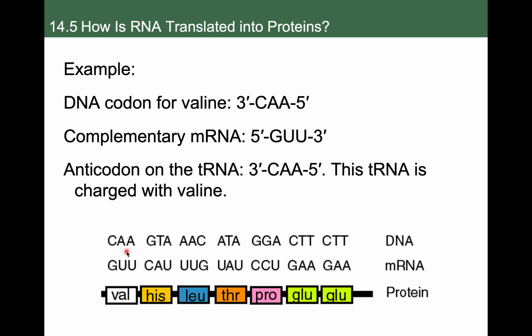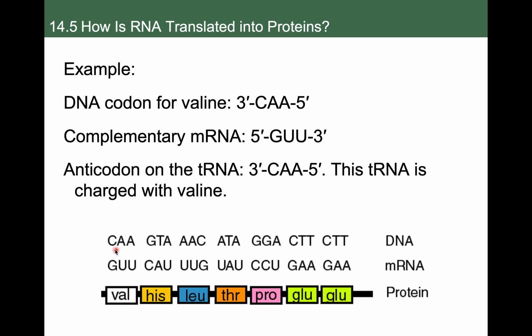Okay, so just to give you a feeling for some of the steps in terms of following that genetic information through from DNA to RNA to protein, just to give you a feel for what that might look like. If I just focus your attention down here on the bottom of this slide, you can see here's, let's say, a portion of a gene, or maybe a very, very small gene, right, where you've got first codon, second codon, third codon, and so on. That would be specified in the DNA.